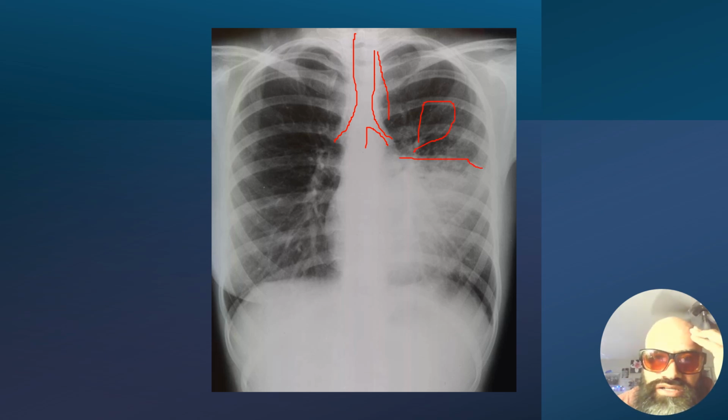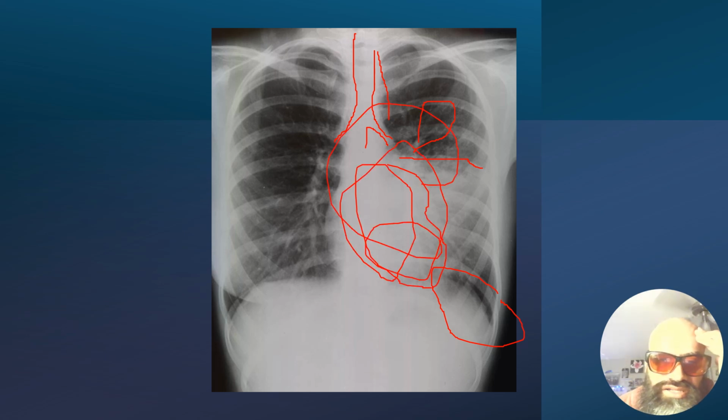Clearly demarcated air fluid line here. Blunted costophrenic angles, loss of left cardiac border is a great example of a silhouette sign. But yeah, this is how you work your way through these, and we have some diffuse infiltrates here as well, in addition to the hilar vasculature here.